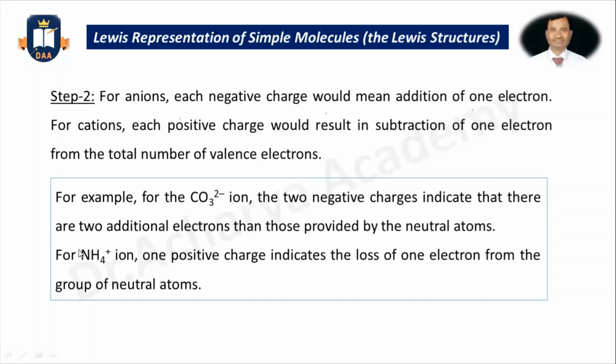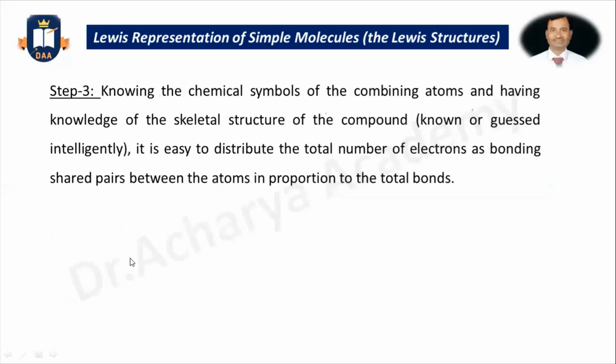Whatever the total number of valence electrons for NH4 as a group of neutral atoms, you have to subtract 1 electron to get the total valence electrons for the NH4+ ion.